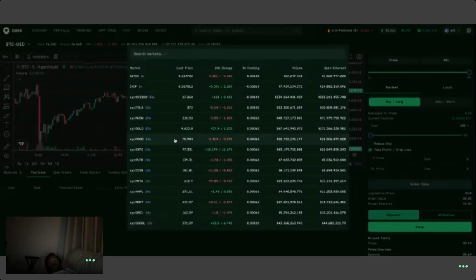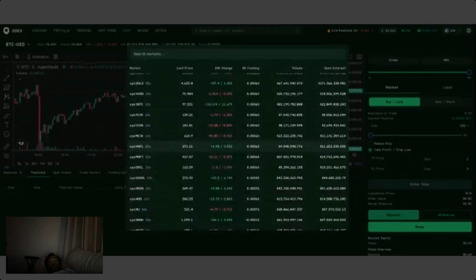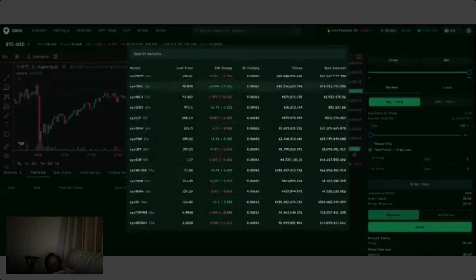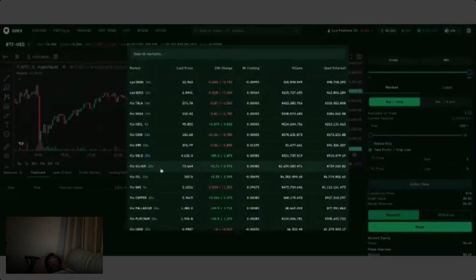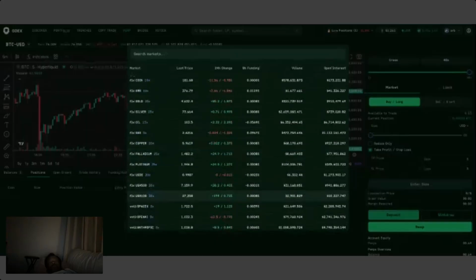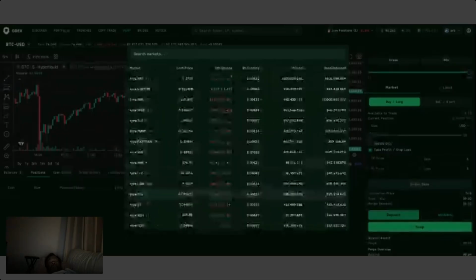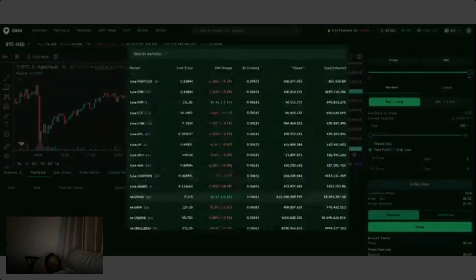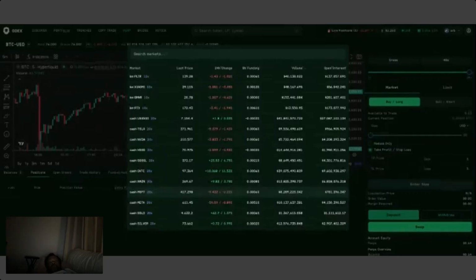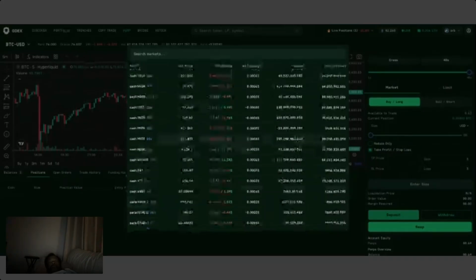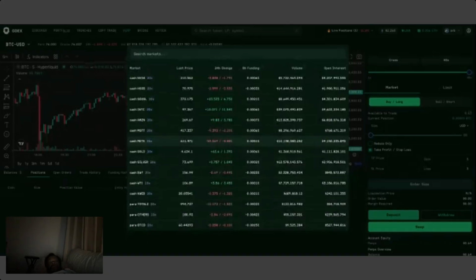Oh, decent leverage too. Very nice. Gold at 25x. Oh, silver. Interesting.